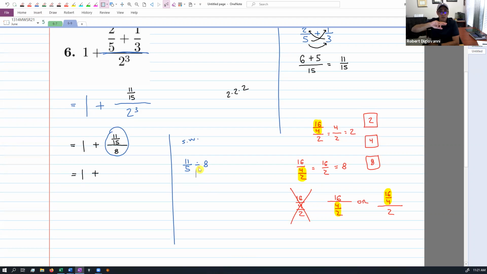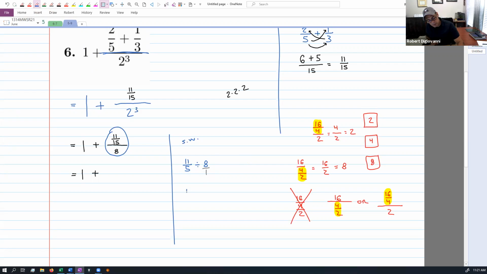Anytime we have fractions we want to divide, we do keep, dot, flip. But what am I going to flip? Because 8 is just 8. So how do I flip 8? If you put a 1 under the 8 and then flip it like a reciprocal, exactly. We have to realize that 8 is the same as 8 divided by 1. And that way we can see that there is something to flip.